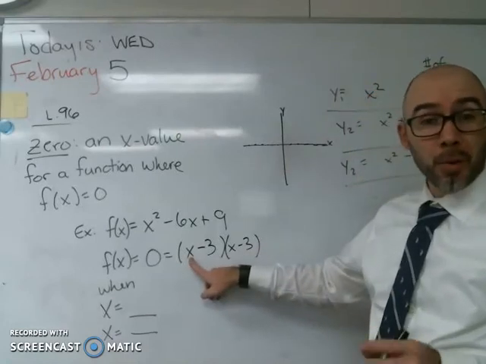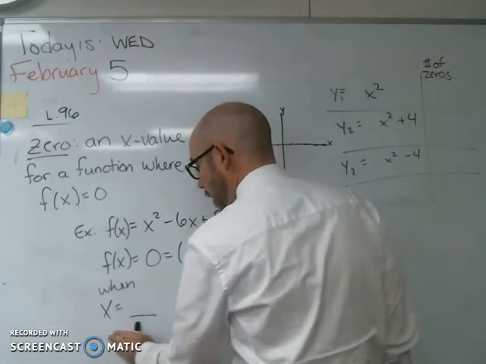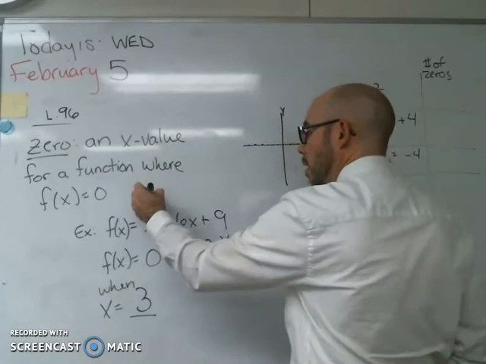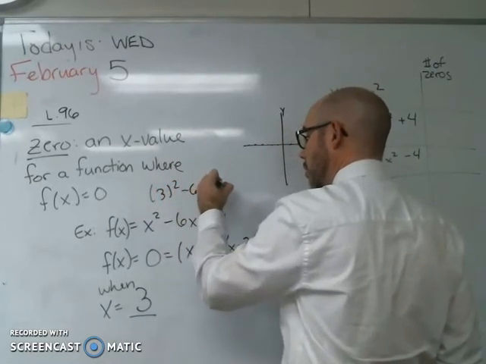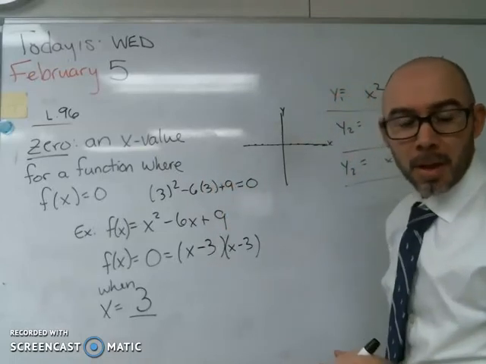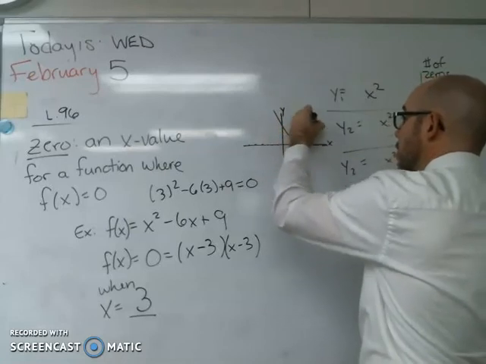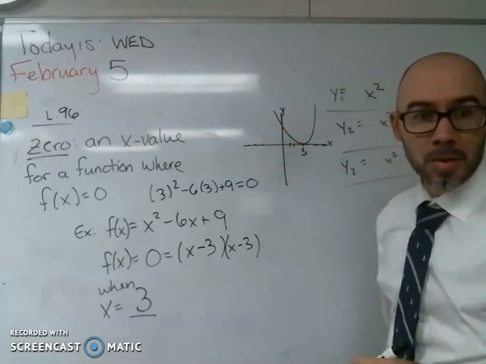Well, if I put in a 3 right there, so really this one only has 1 zero. If I plug the number 3 into x squared minus 6 times 3 plus 9, I get 0. Then the graph of that looks like this, and it only touches right there at x equals 3.